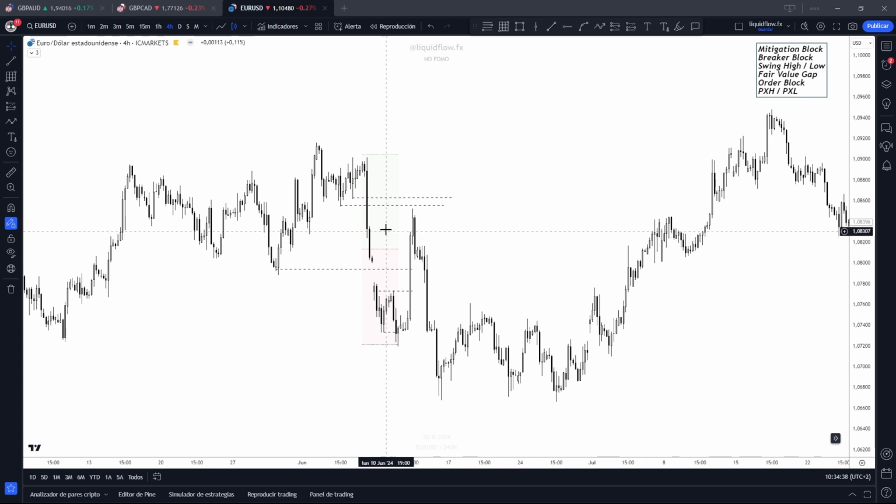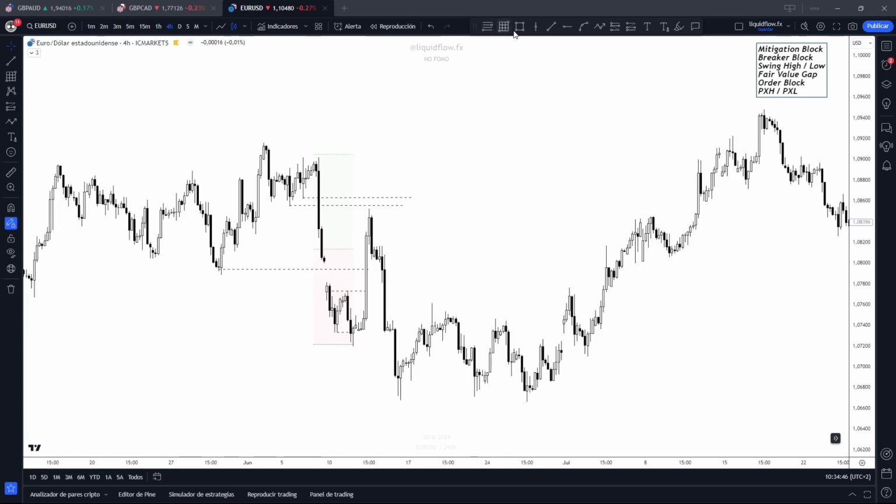So as you can see here, what do we have? A fair value gap, a fair value gap, and a gap. So what does the market do? The market comes to react in where? It comes to react in our fair value gap.